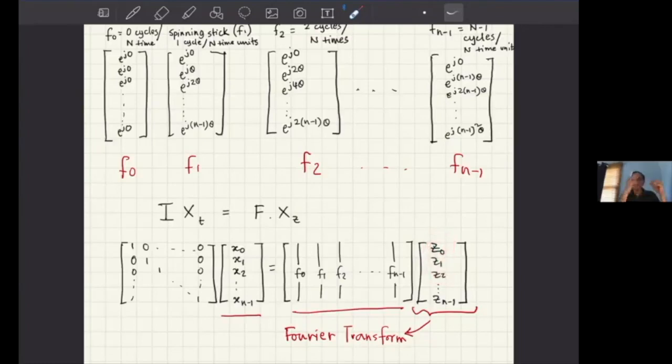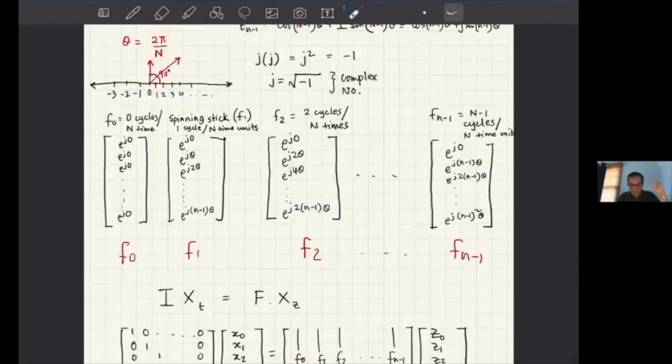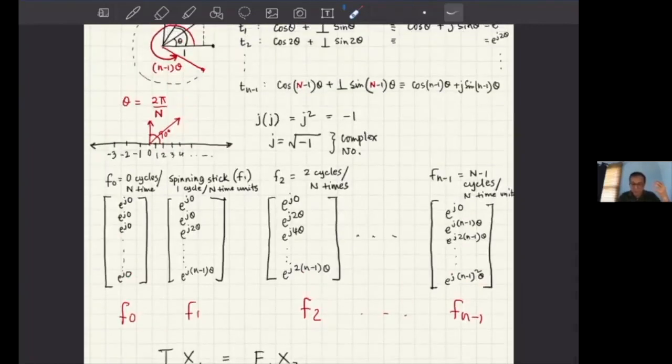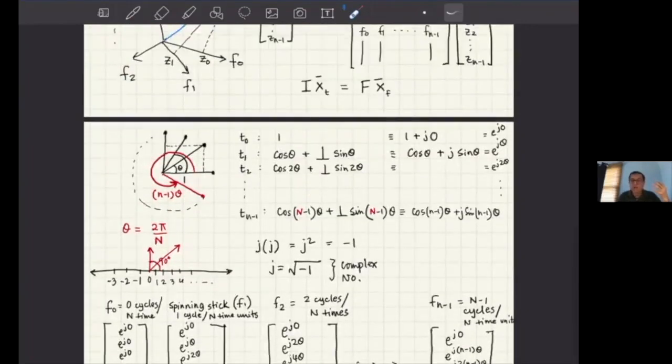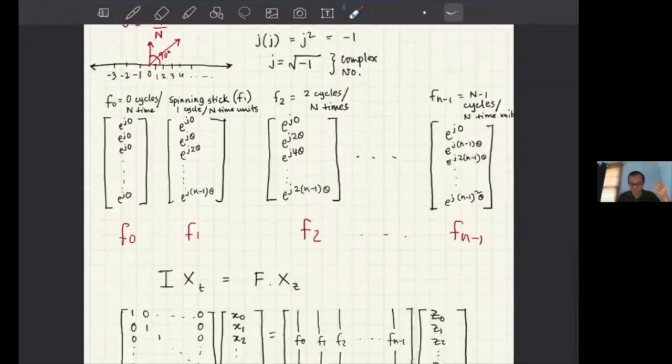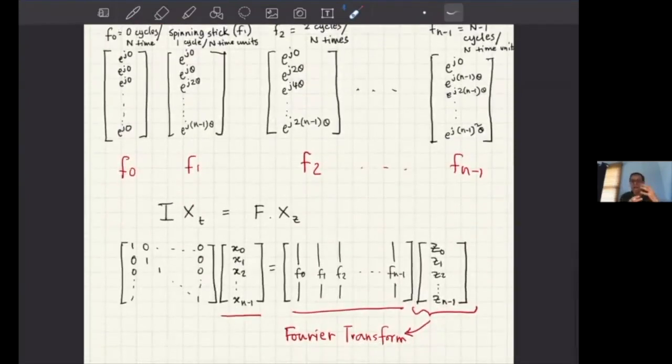In other words, any signal is essentially a sum of cosine and sine sinusoids, right? Because remember, e to the power j theta is nothing but cos theta plus j sine theta. So these vectors are like Lego blocks. You give me any structure, I can make up that structure by combining these Lego blocks, by putting them together.